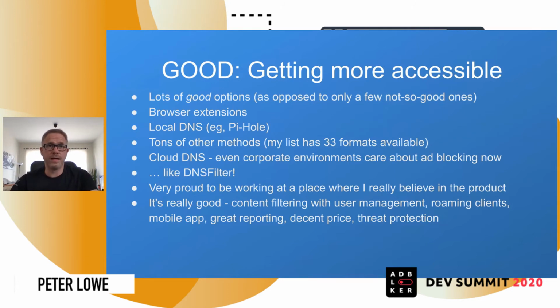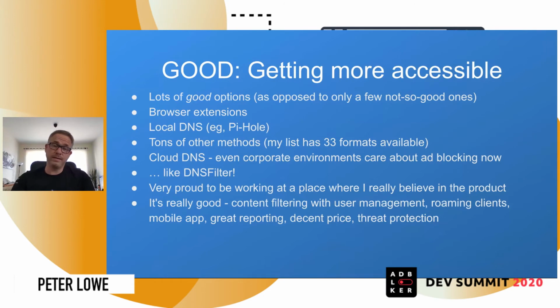My list is available to download in 33 different formats, and I really should add some more. And it just shows that it's making it more and more accessible to people in general. So it makes it easier for people to find a way of blocking ads that suits them.